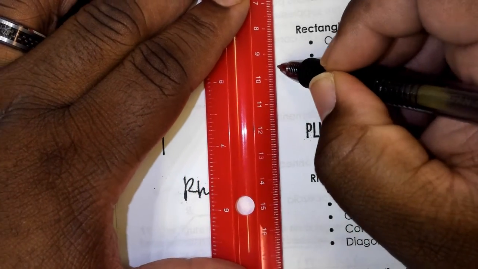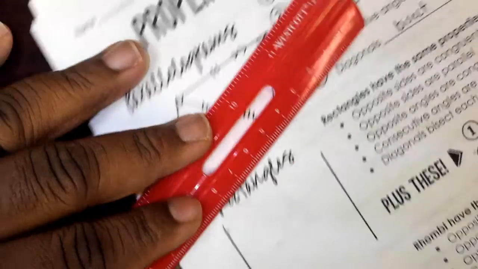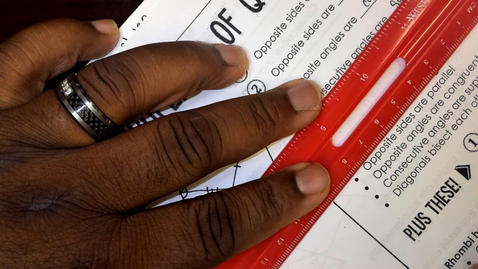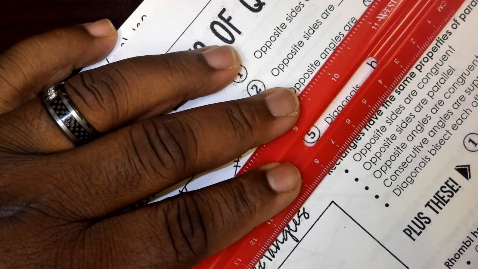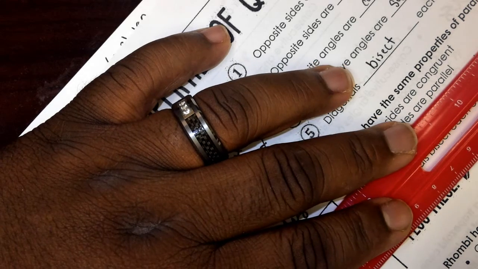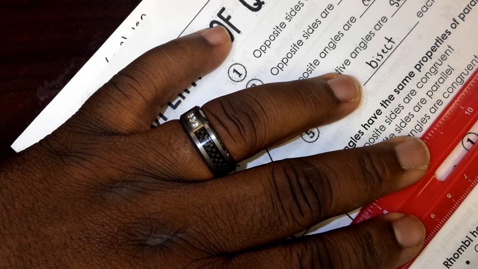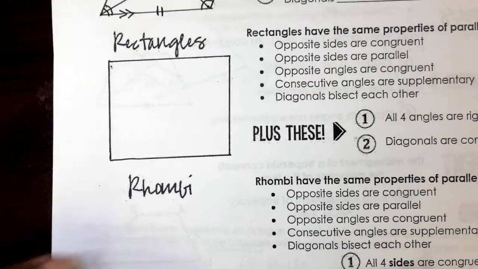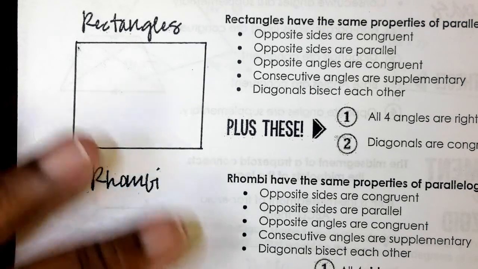It isn't going to be the best, but so I got my rectangle. Zoom back in a little bit. A rectangle has all the 5 properties of a parallelogram.